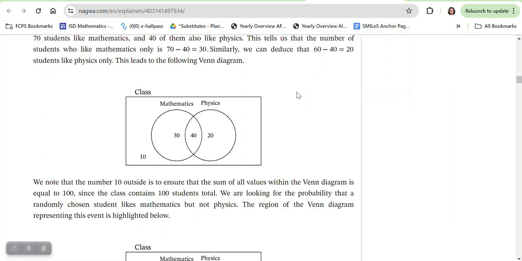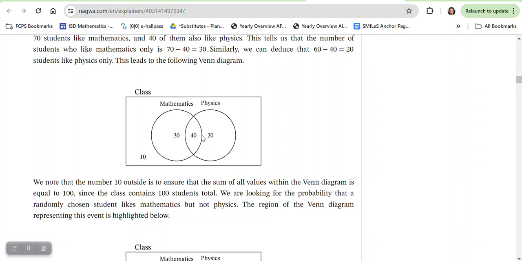Okay, so here we have 100 students. You can see there are 100 students by adding up all the numbers, 10, 30, 40, and 20. And these 100 students, you can see students who are in a physics class. You can see students who are in a math class. And here in the middle, these students are in both physics and math.